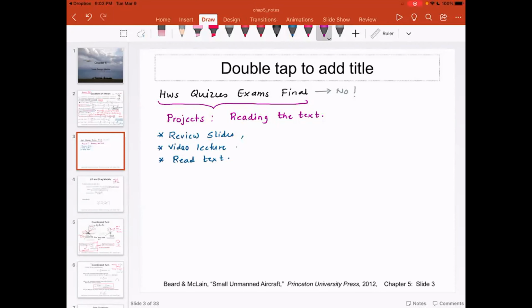As you are working on the project, you will have to go back and forth between all this material, and that would enhance your understanding.